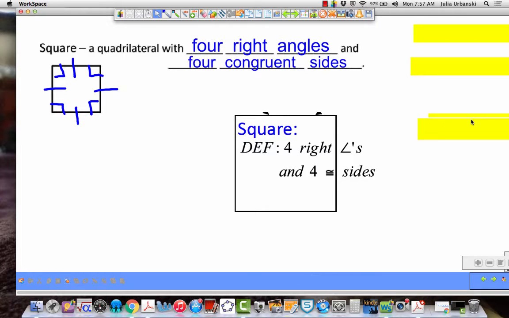Everything that's true about parallelograms, rectangles, and rhombuses is true about the square. So the diagonals are perpendicular. The diagonals bisect each other. The diagonals bisect angles. The diagonals are equal to each other. Anything down the left-hand side of your chart is automatically true for squares as well.